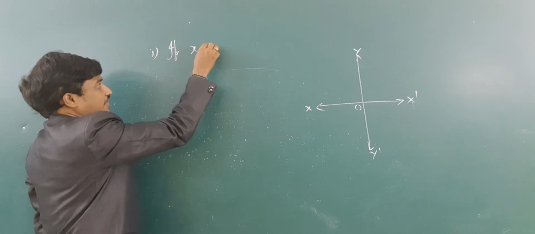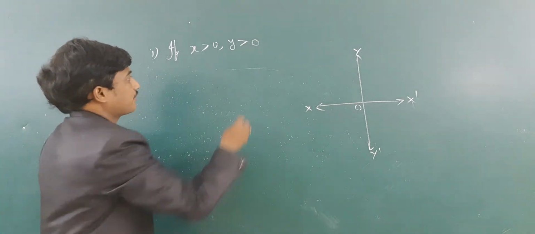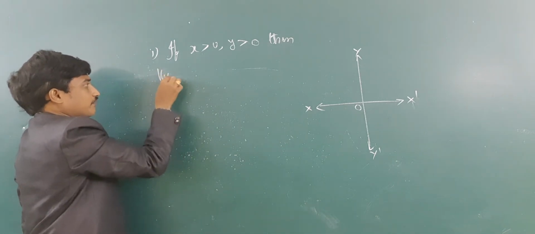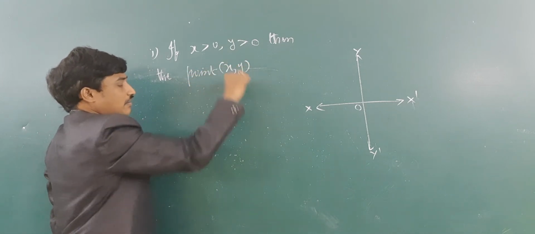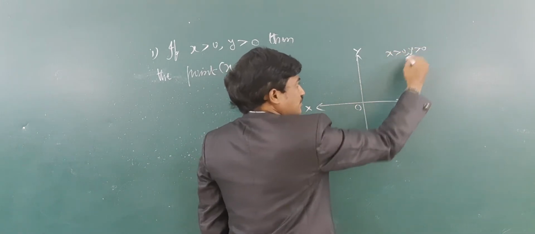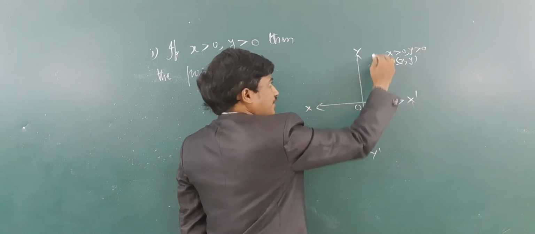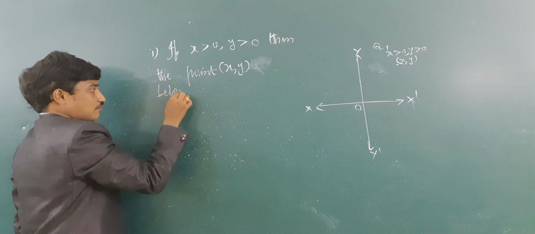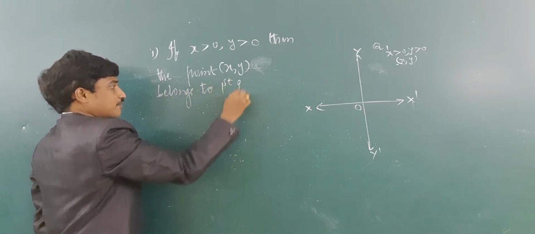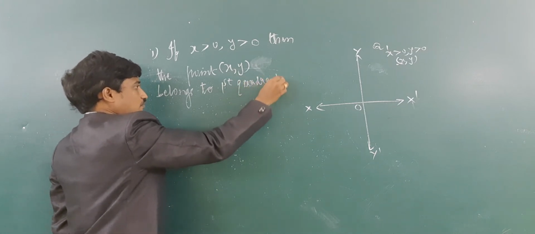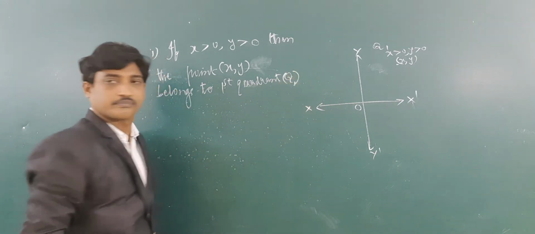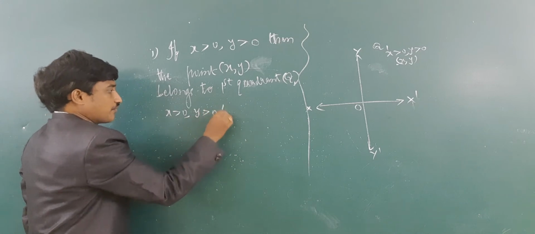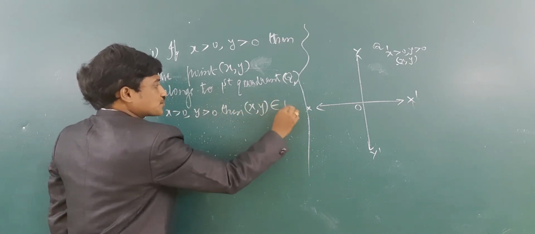If x greater than 0 and y greater than 0, then the point (x, y) belongs to the first quadrant, Q1.